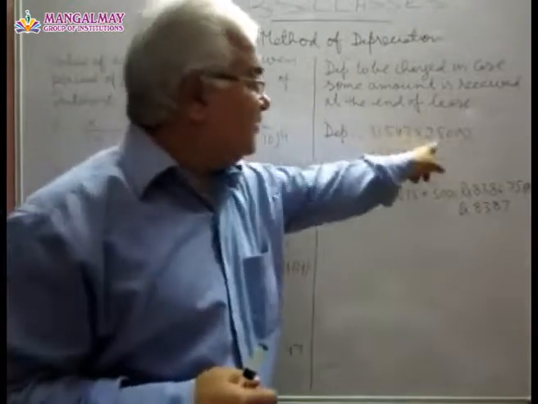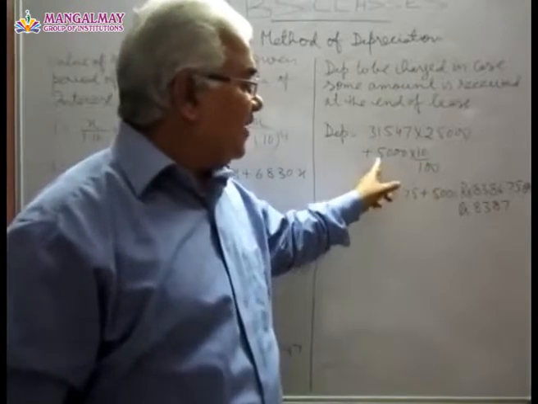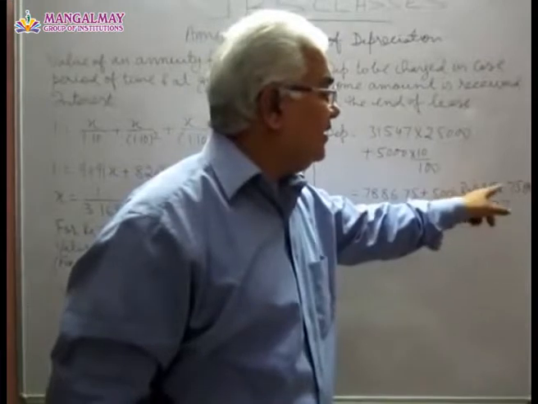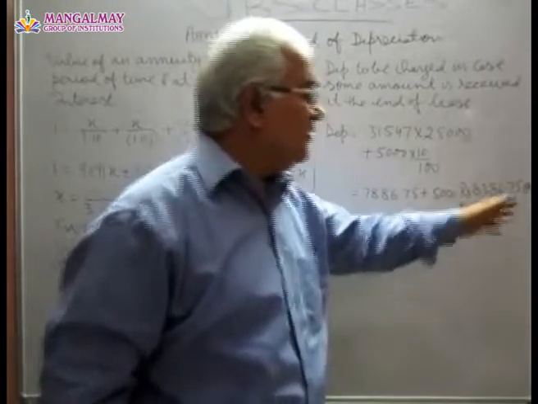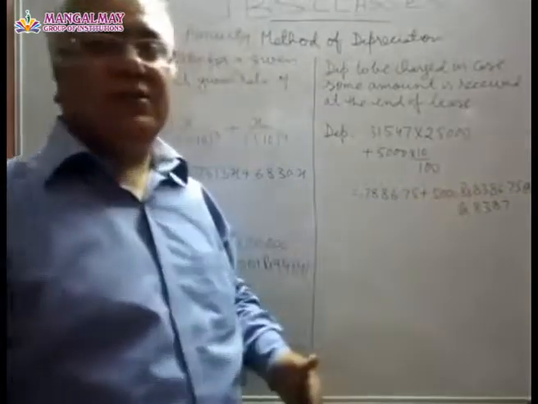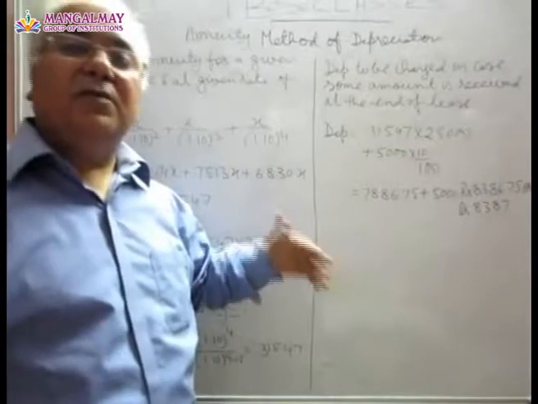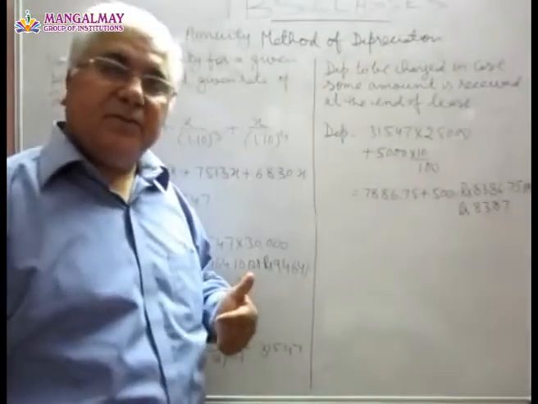So this gives us 7,886.75, and 500 this, total comes to 8,386.75. So we round it off and say rupees 8,387 should be the depreciation charged in this case, in case we are going to get back rupees 5,000 out of initial 30,000 paid by us.